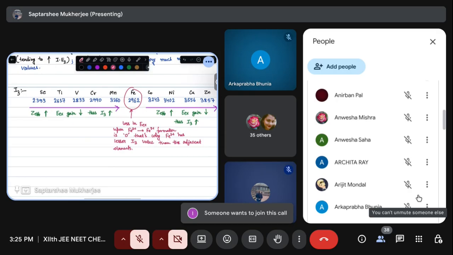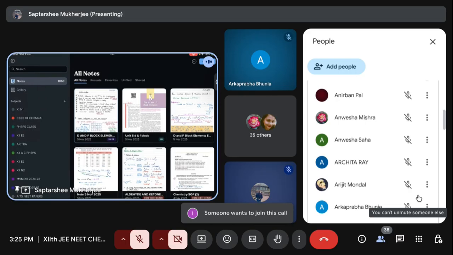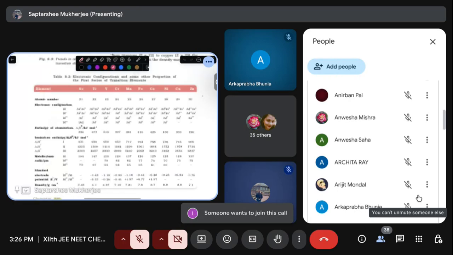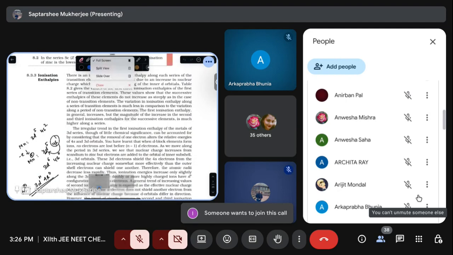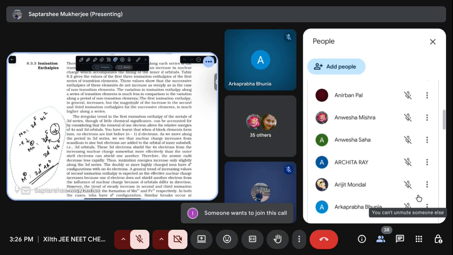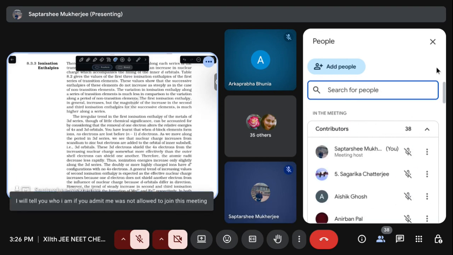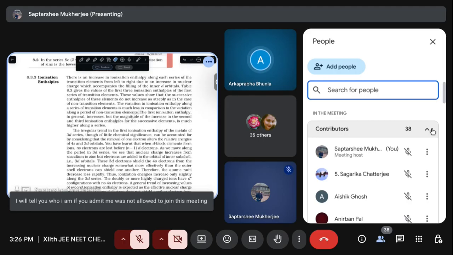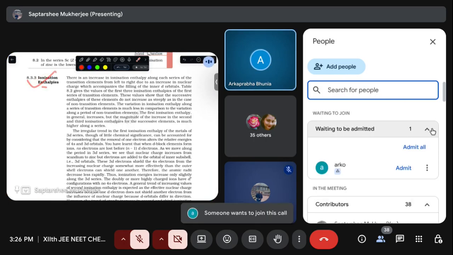Everyone please open your own NCERT textbooks. Start, Orko.